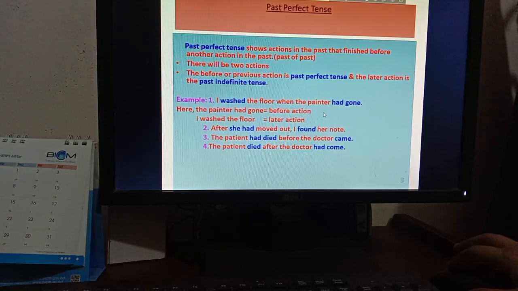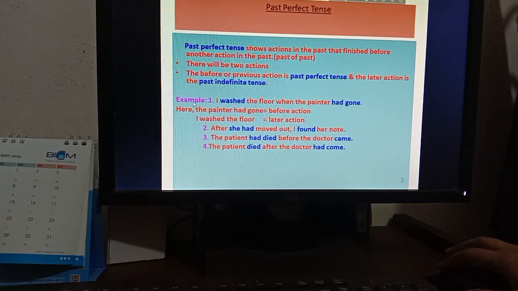The before action would be the past perfect tense and the later action would be the past indefinite tense. So you can see the painter had gone. This is the before action. That's why the tense will be in past perfect tense. I washed the floor. This is the later action.